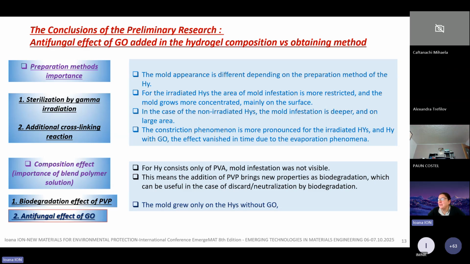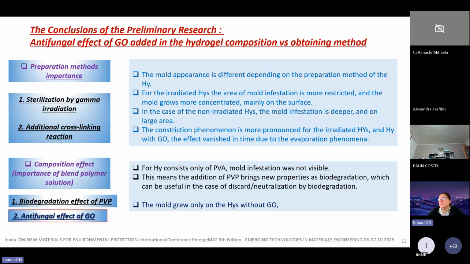Graphene oxide clearly has an antifungal effect at a small quantity, 0.05%, and this leads to stopping the infestation with mold.